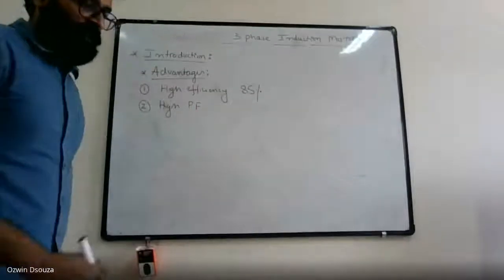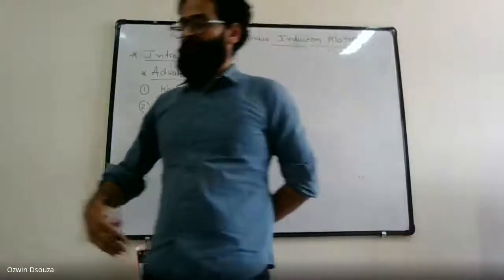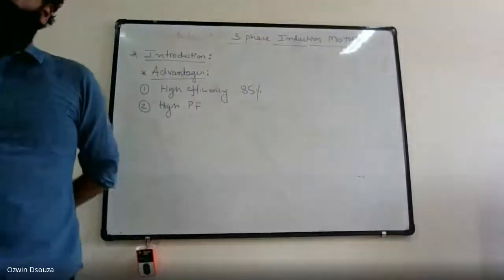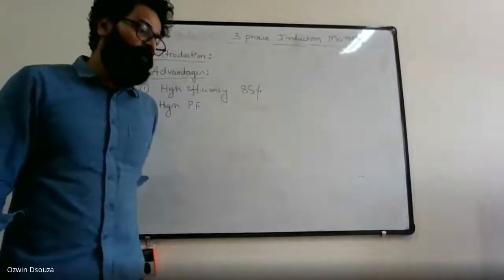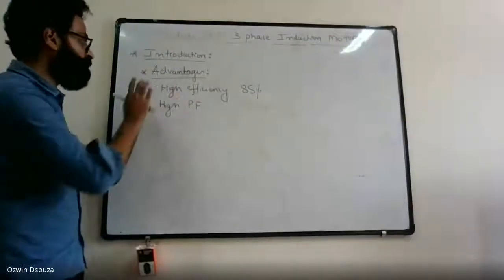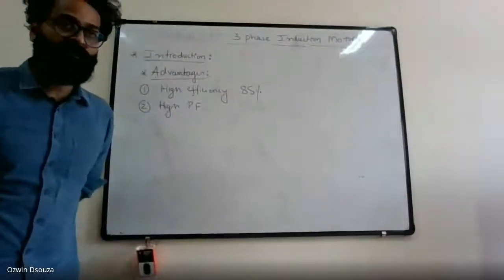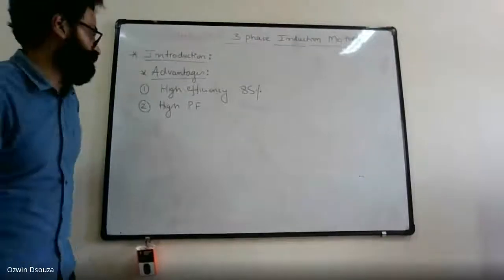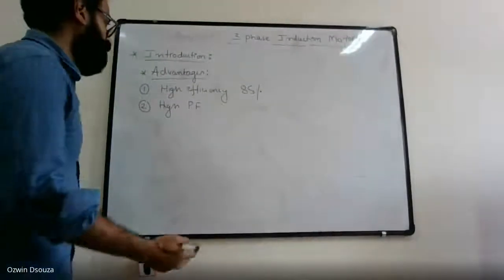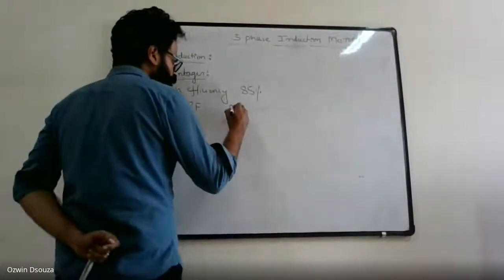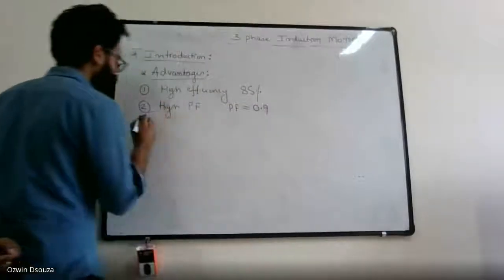You have seen in module 2 that when the power factor is higher, the power conversion is better. That means with a high power factor, the equipment exhibits higher efficiency, and when you say higher efficiency, you can say lower losses. So the induction motor works at a relatively higher power factor. The power factor is normally close to 0.9, which is very good.